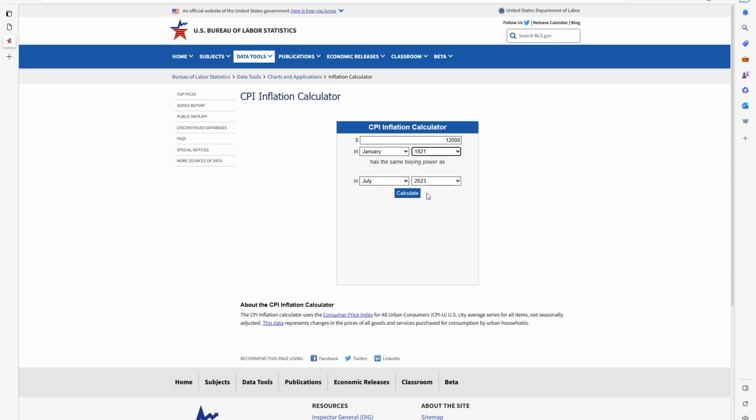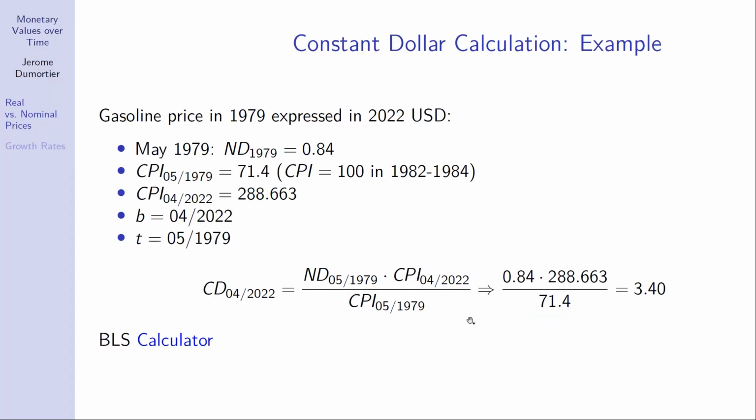And you want to know what is that car valued in today's dollars, in July 2023 dollars. Then you can hit calculate, and you see that the $12,000 were actually equivalent to $193,000 in today's terms. Okay? So this CPI inflation calculator may be a very good alternative to the manual calculation you can do with this formula here.